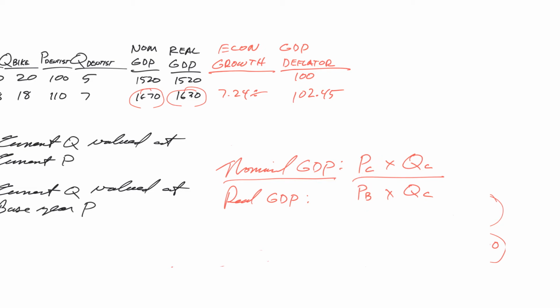So basically, we've got a ratio of current prices to base year prices weighted by the amount of output. So with the GDP deflator, we're holding output constant and letting prices change. So we know what happens to prices. With real GDP, we're holding prices constant and letting output change so we know what happened to output.